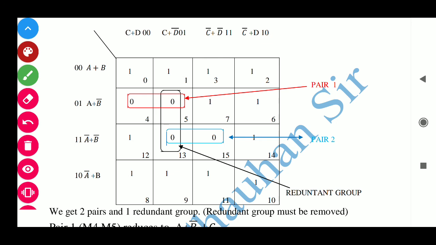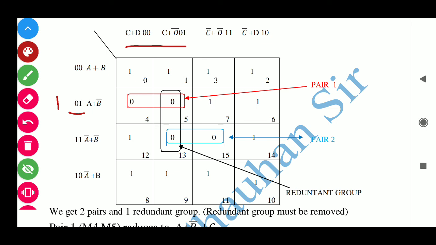Now you can see here this is also redundant group, because all zeros are covered. So we have to leave redundant group. Okay. So for pair 1 you can see here covering this one and this one. Check. For here a plus b naught you have to take it, but here c is not changing.